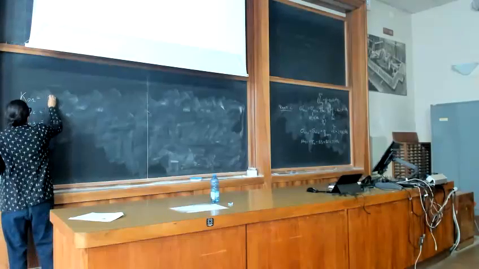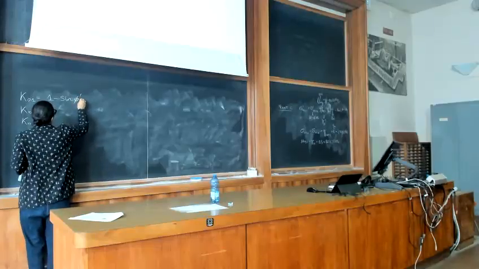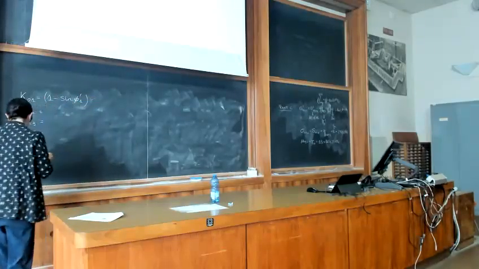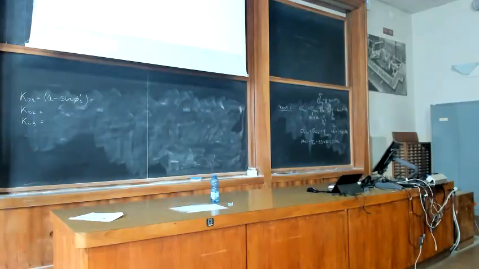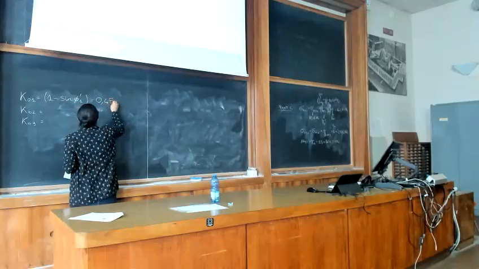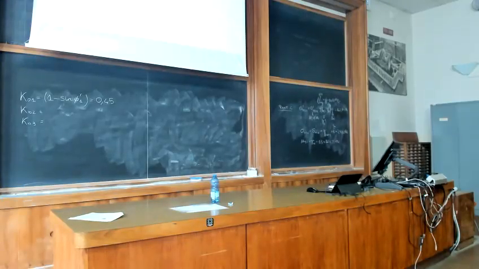So K naught is 1 minus sin phi dash of the first deposit. Okay, so here it is. It's already given as 0.45. Sorry, actually in this example it is already provided, and you do not have phi dash but you already have K naught in the data.